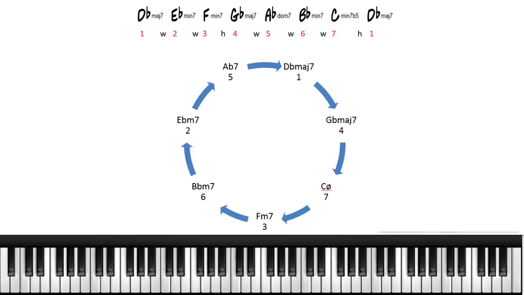Now, if you arrange the chords in circle of fourths order, you would go 1, 4, 7, 3, 6, 2, 5, 1. And this order would keep the chords diatonic to the key of D flat major.